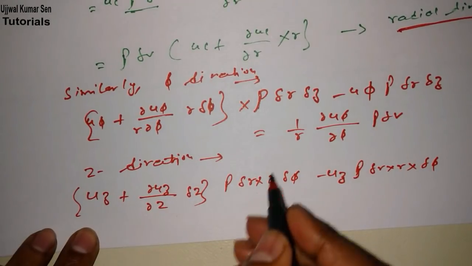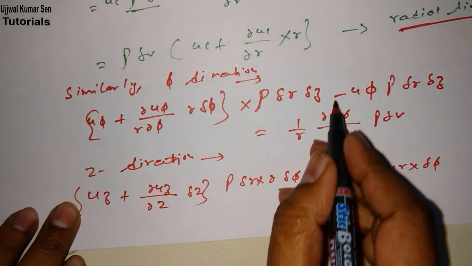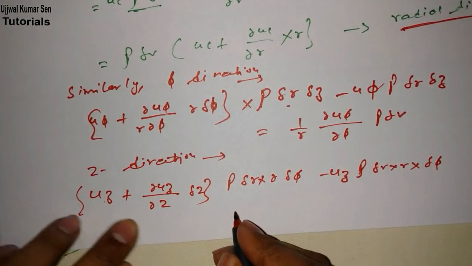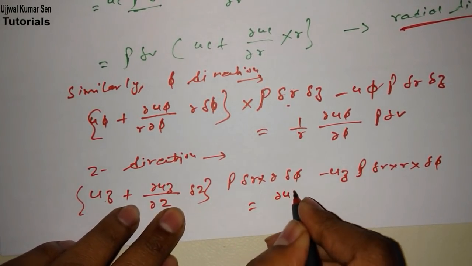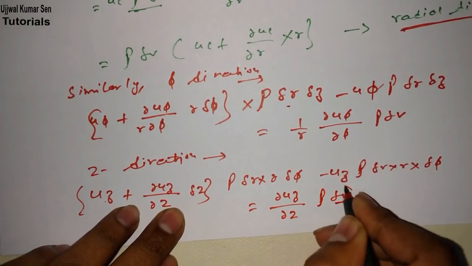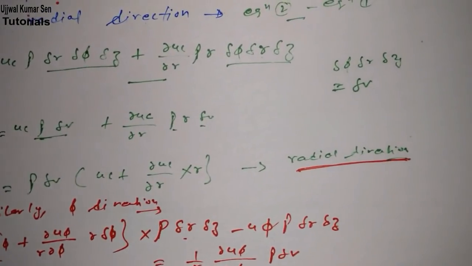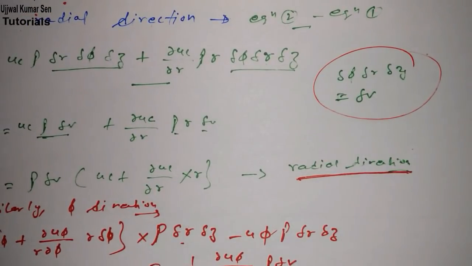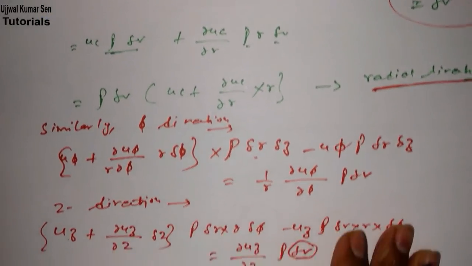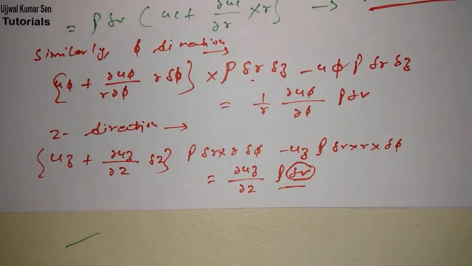See, here this one and this one get cancelled, here also this one and this one get cancelled. So what we'll get here is curly uz by curly z rho del v. Why is it happening? Because I have already shared with you that we are considering here del phi del r del z is equal to del v. So because of that we have done this here and here also.